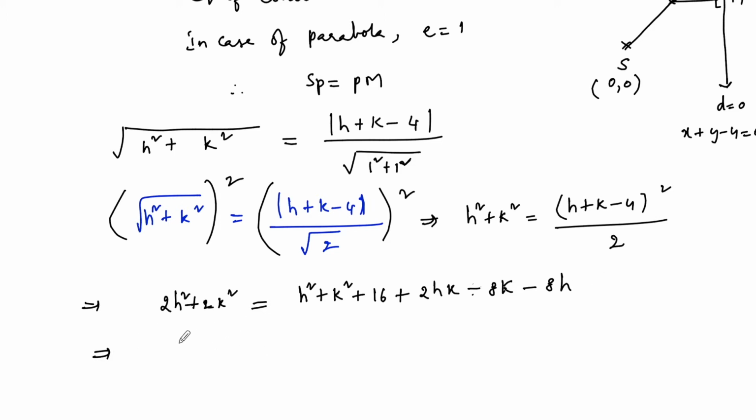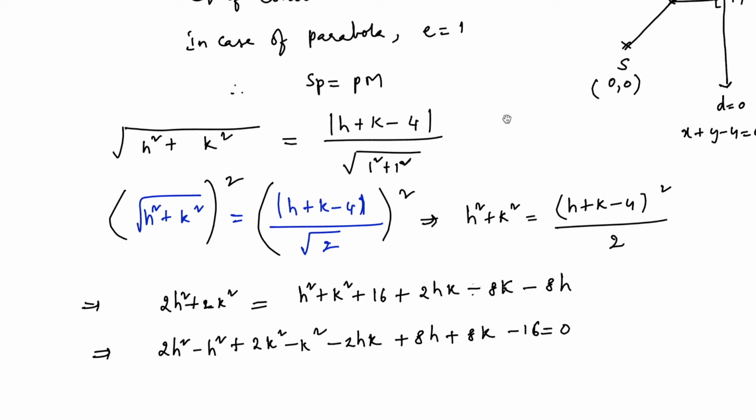So I'm simplifying: 2h squared minus h squared plus 2k squared minus k squared minus 2hk plus 8h plus 8k minus 16 is equal to 0.